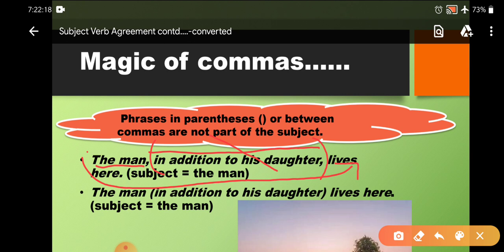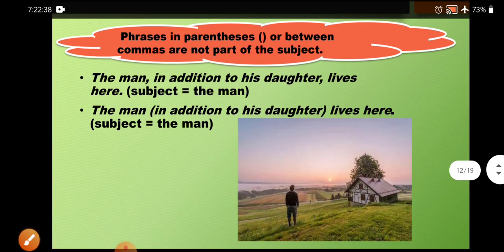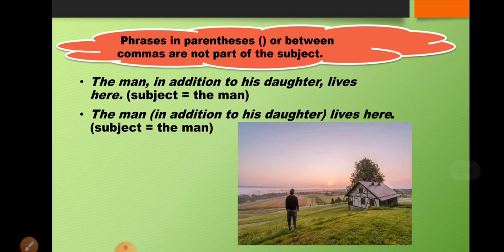You will say the man lives here. Oh my God, it is a sentence for a primary level child. So it's so simple. The man lives here. That's all. In your mind, omit the bracketed form or the comma form.